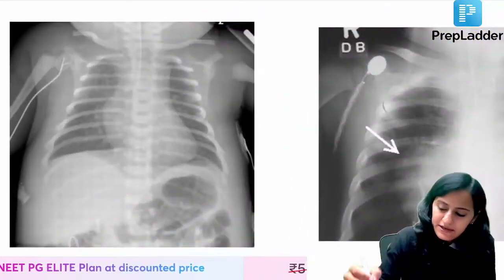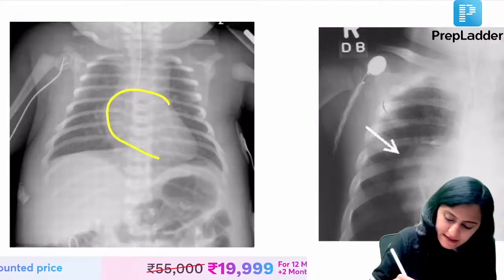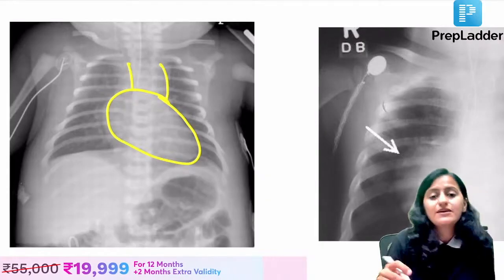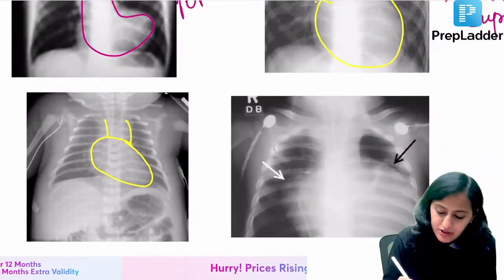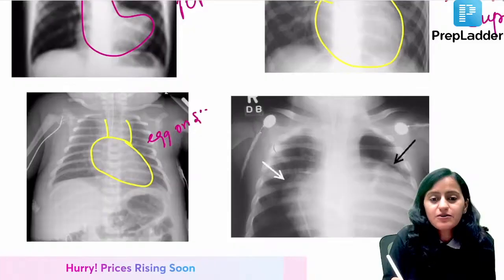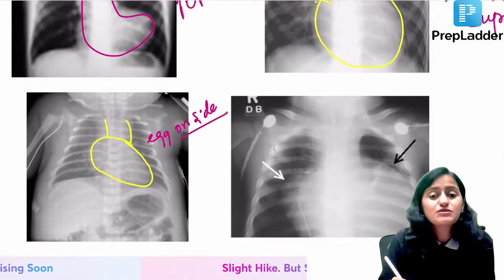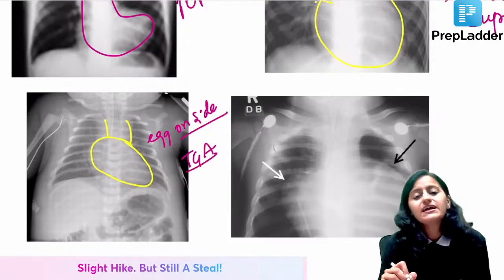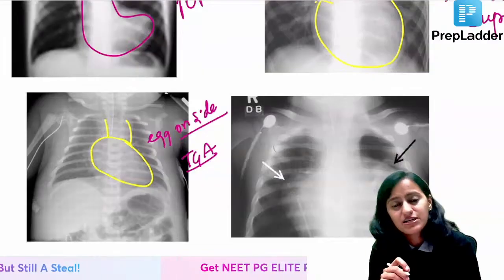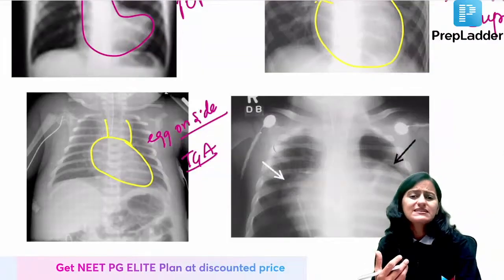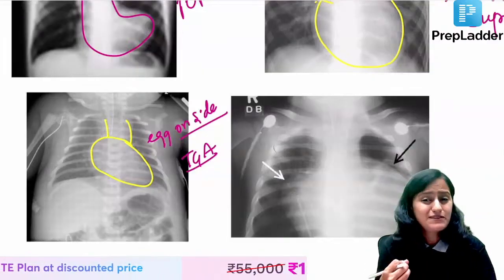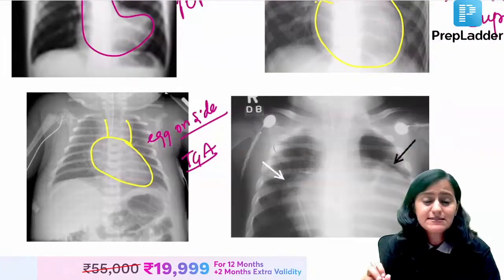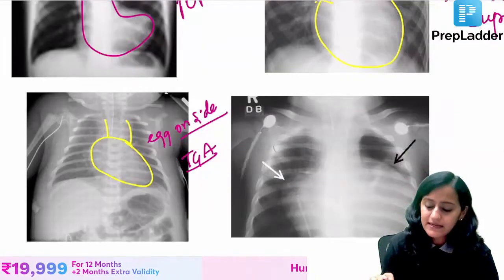Next one here that you are seeing in this image is egg on side or egg on string appearance, which is seen in TGA, transposition of great arteries. Commonly the history given is maternal diabetes, then the baby develops cyanosis on day 1, it is TGA.